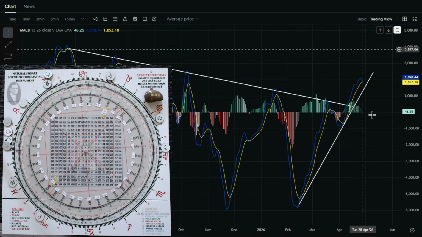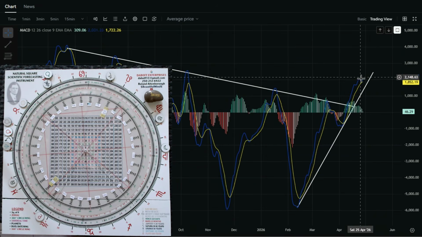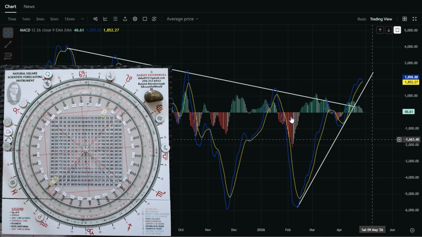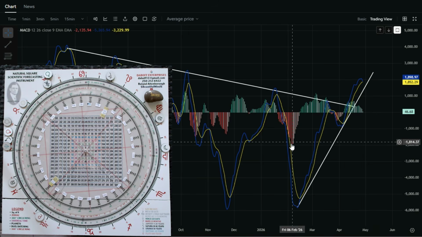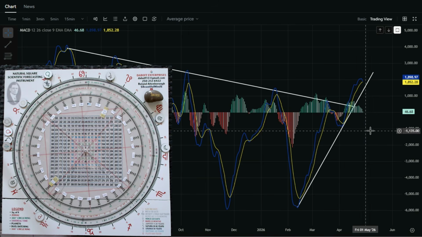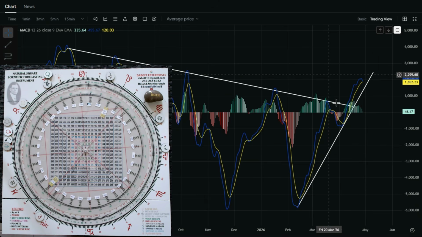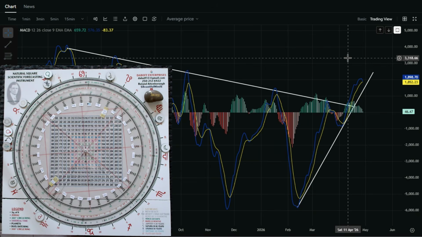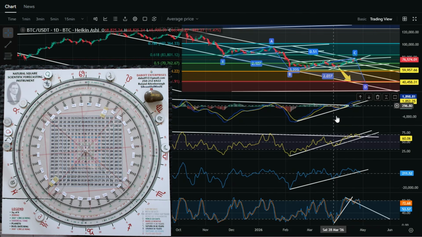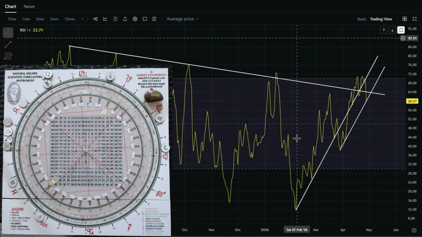Well, our MACD is getting ready to roll over and pitch down, and if it gets below this line of resistance, then there's a very fast move down with some sellers possibly stepping in and seeing some significant red spikes. So that's our MACD and our histogram. Let's take a look at our RSI. It's been wavering around.